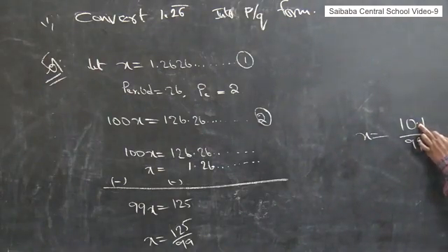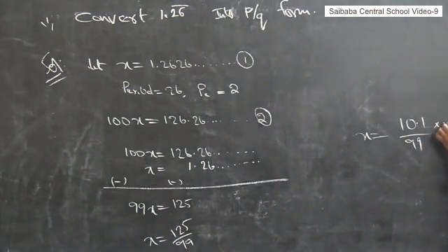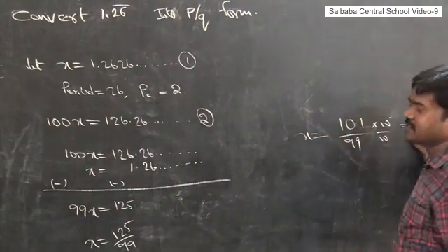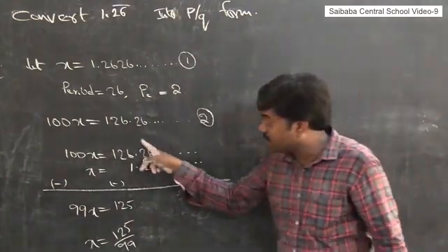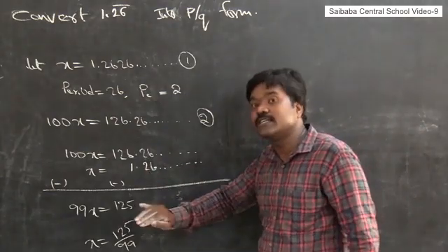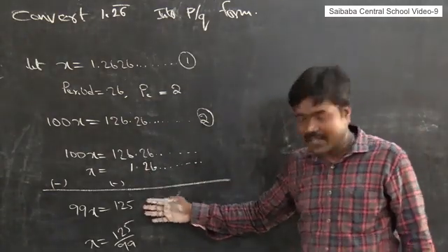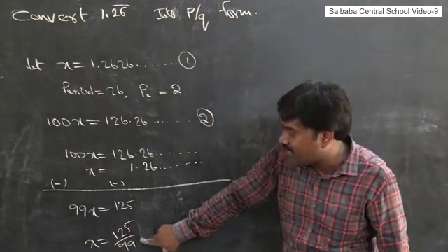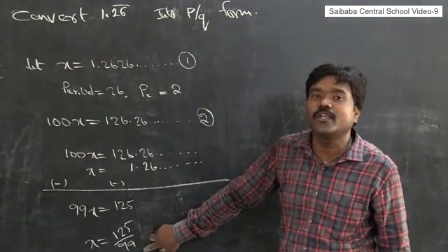The point is after one place, that's why multiply by 10, then you get 101 by 990. But for this problem there is no such situation, so no need to do this. Then the answer is 125 by 99. This is the answer in the form of P by Q.